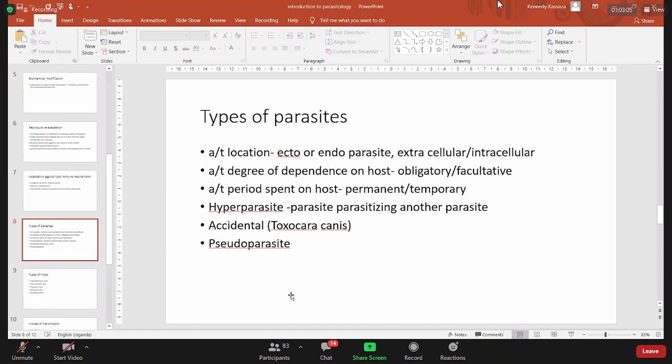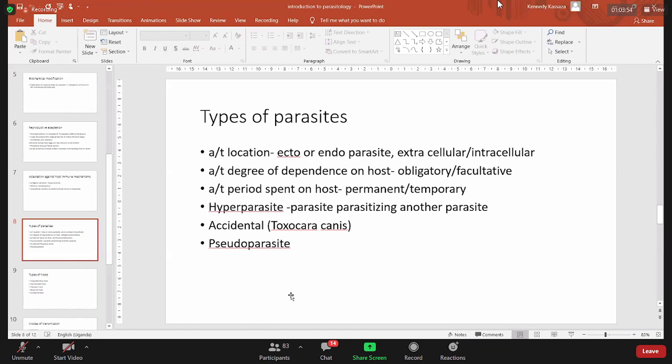Then we have got accidental parasites. For example, we know that the nematode Toxocara canis of dogs parasitizes dogs, but when it produces eggs, and these eggs infect the young dogs, it infects the dogs intrauterine, and when these are produced, the parasites lay eggs, and then these eggs can reach human beings.